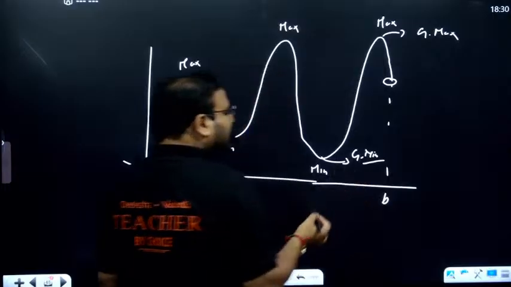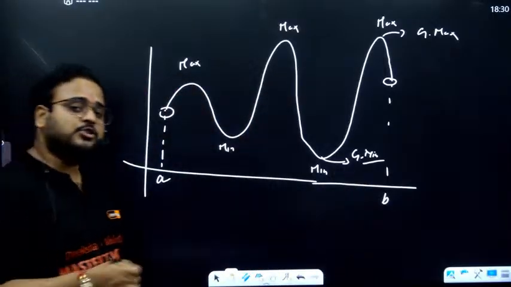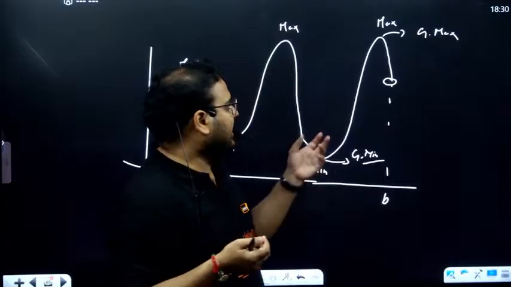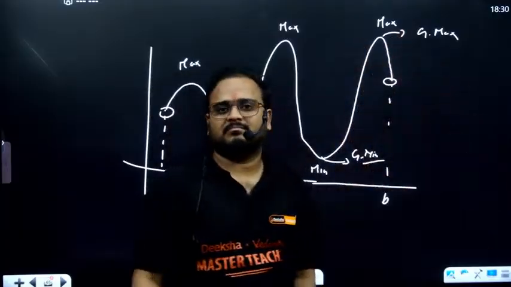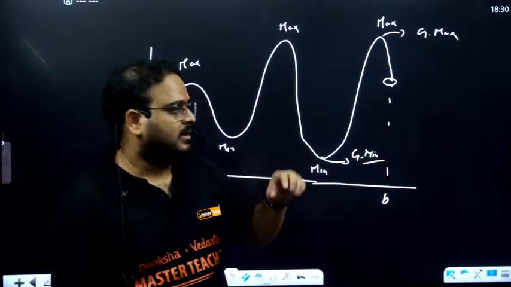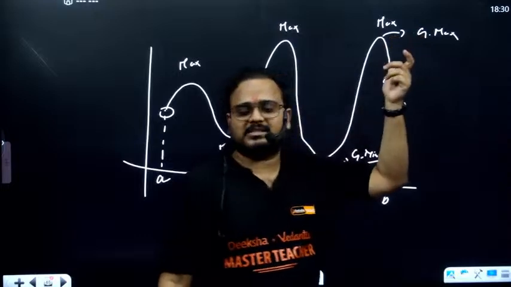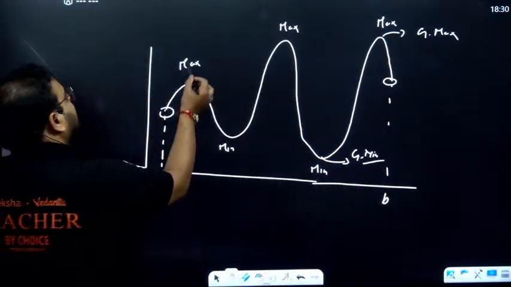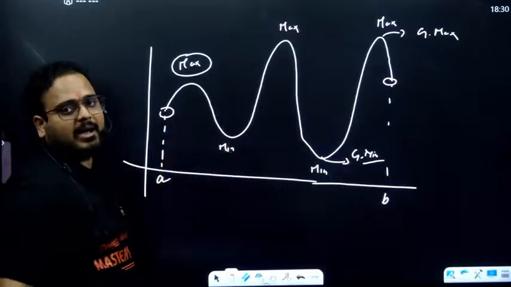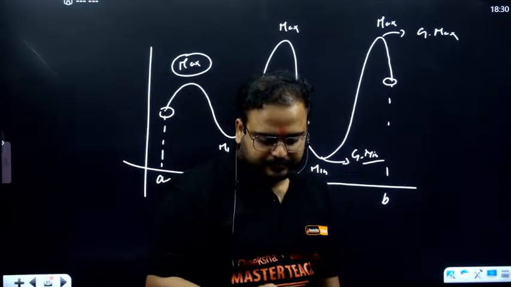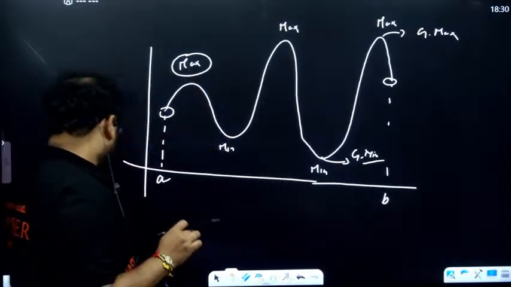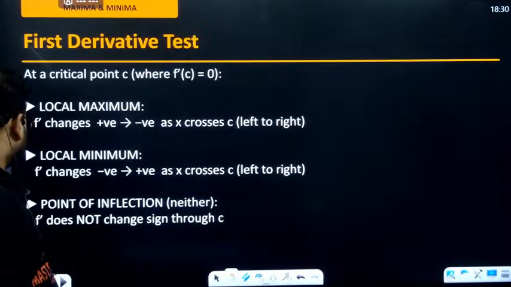So basically, every global minima will also be a local minima, and every global maxima will also be a local maxima. But every local maxima may or may not be a global maxima. For example, this is a local max but not a global max. Clear, everyone? Is this clear?